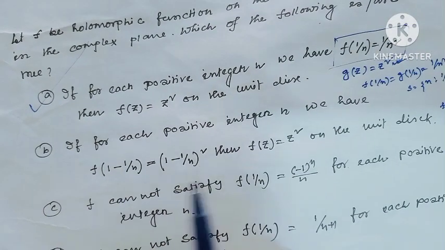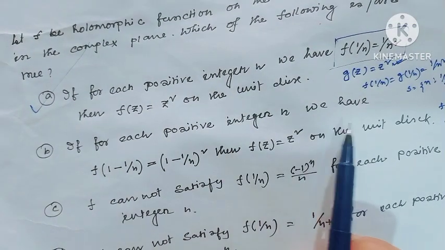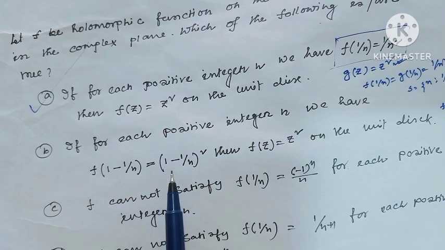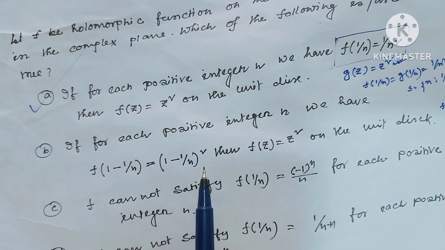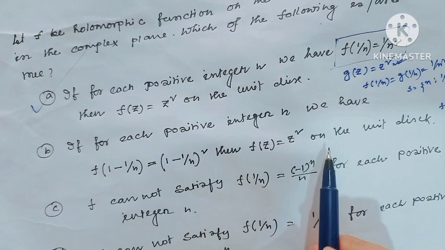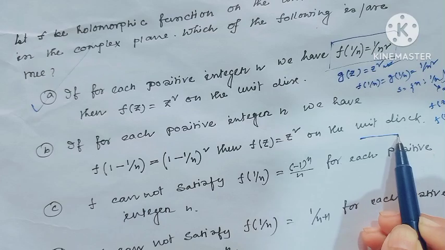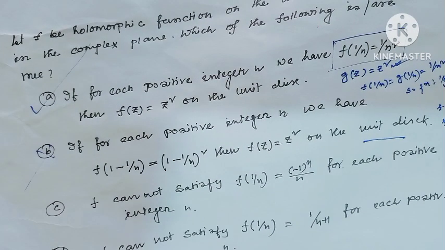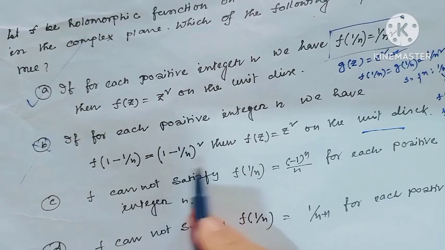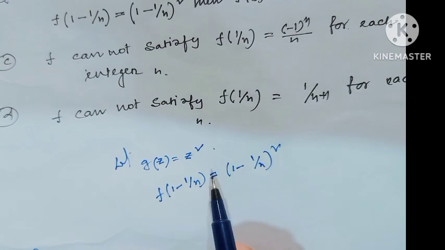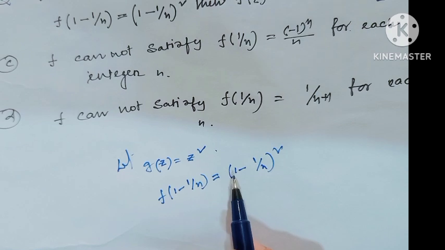Option B: if for each positive integer n we have f(1 - 1/n) equals 1 - 1/n², then that implies f(z) equals z² on the unit disc. This is not true, because here notice, let's consider g(z) equal to z².